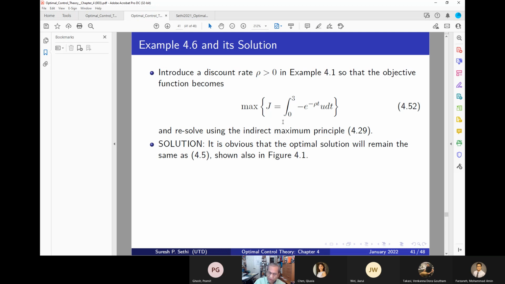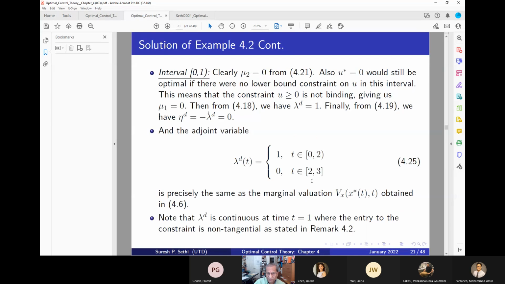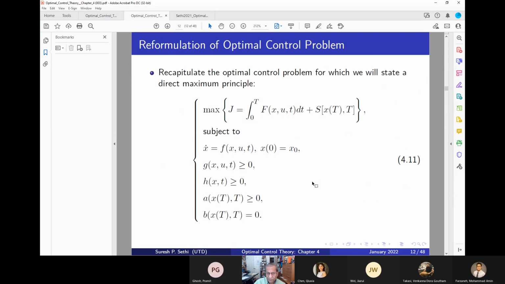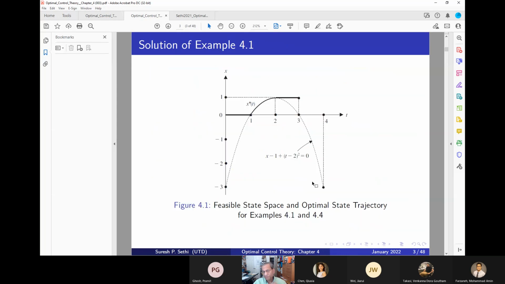So if you look at rho bigger than 0 and you go back to this problem, we cannot do much here.